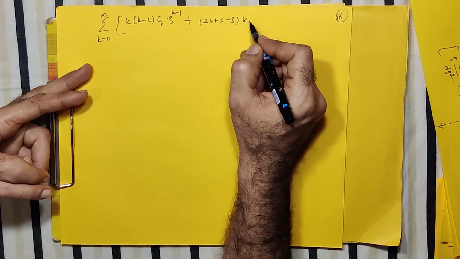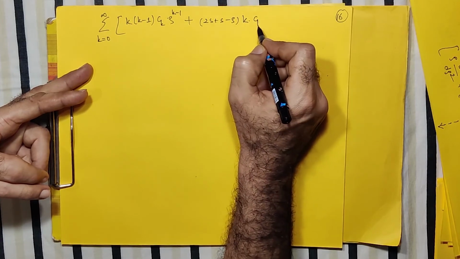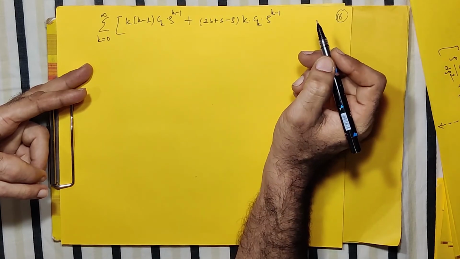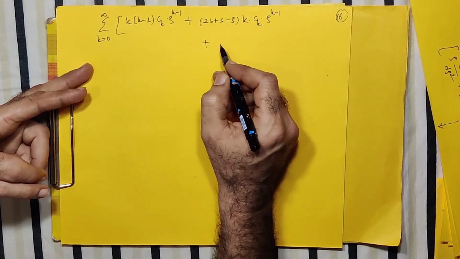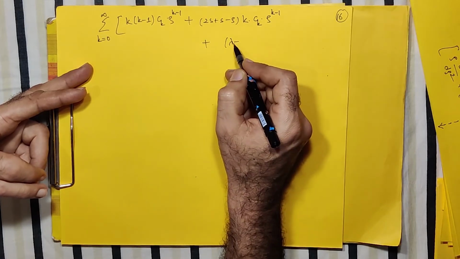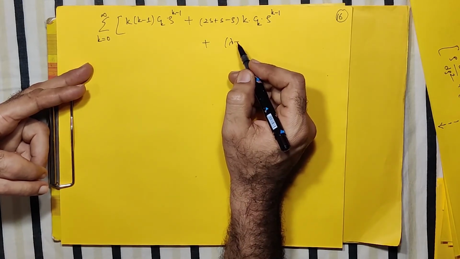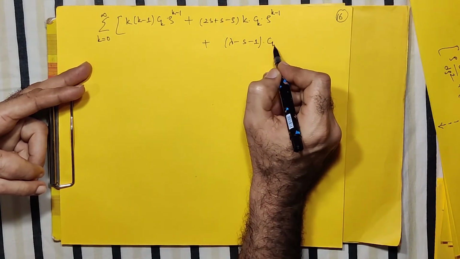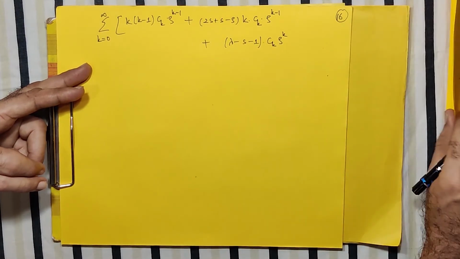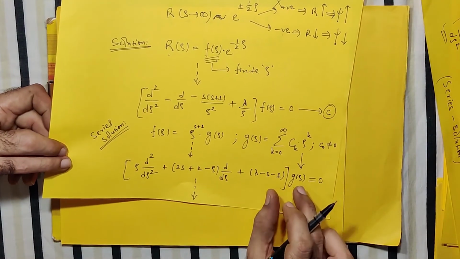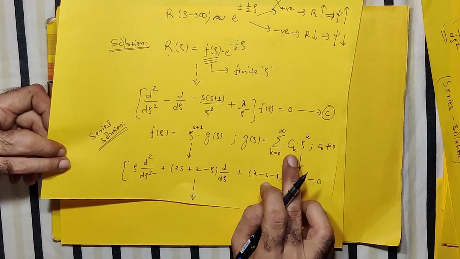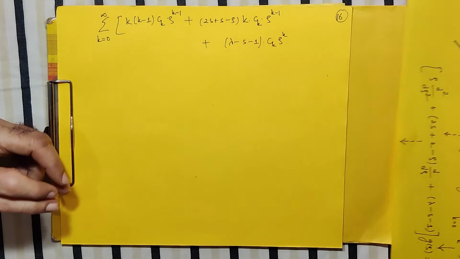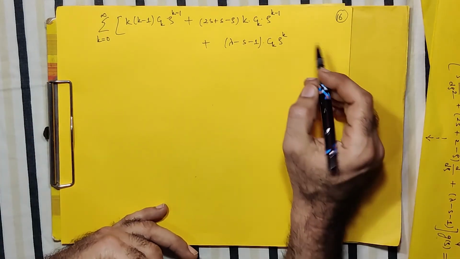Then k, because it's a one-time differentiation, only k comes out, c k comes out, and rho raised to k minus 1. And plus that last term, lambda minus s minus 1 and c k rho to the k. The last term does not involve any differentiation, so it will be as it is written here, but the sigma sign from all the terms I have written commonly. So basically this is my final equation that I can write.